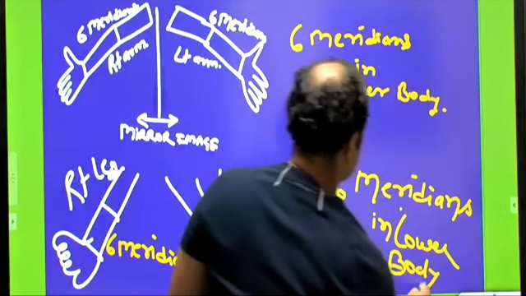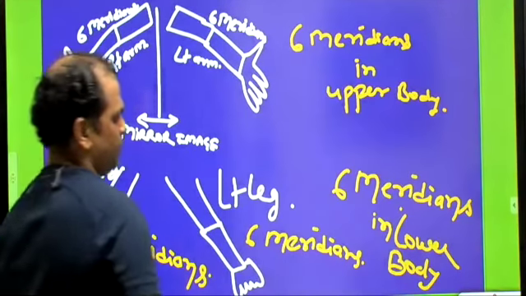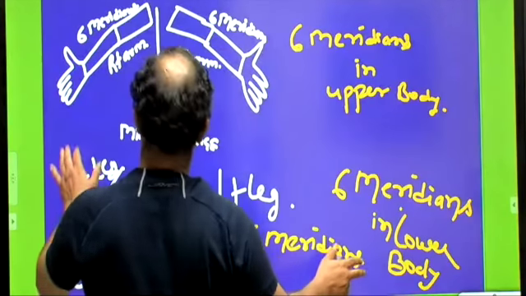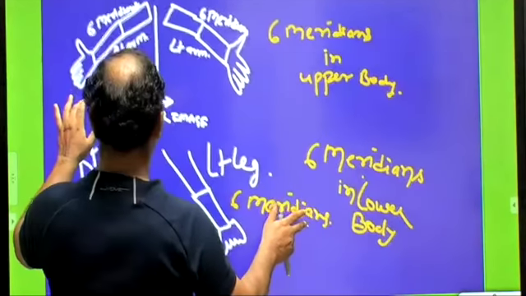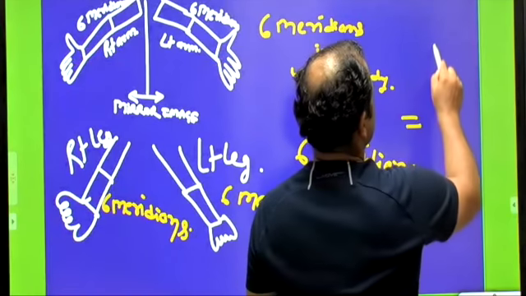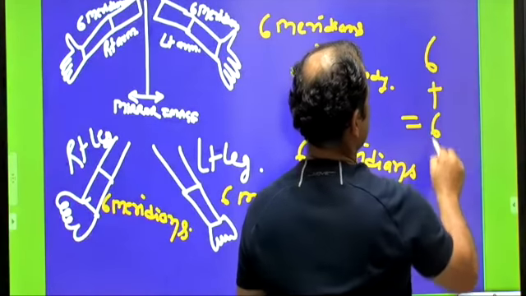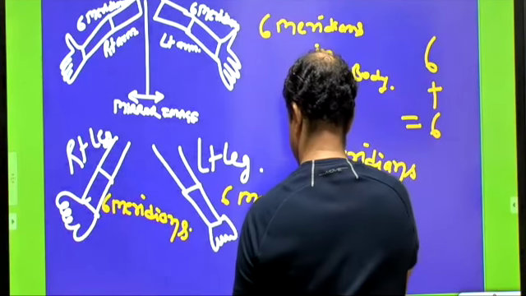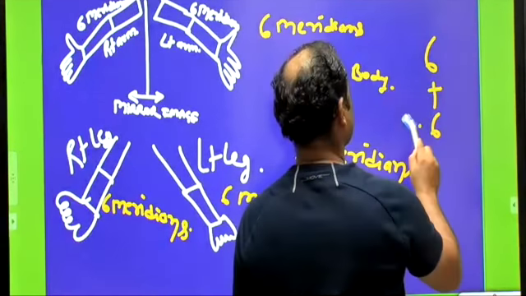If we study the 6 meridians of the upper body and the 6 meridians of the lower body, altogether we can consider 12 meridians, including the upper and lower body. So 6 plus 6, total 12 meridians.